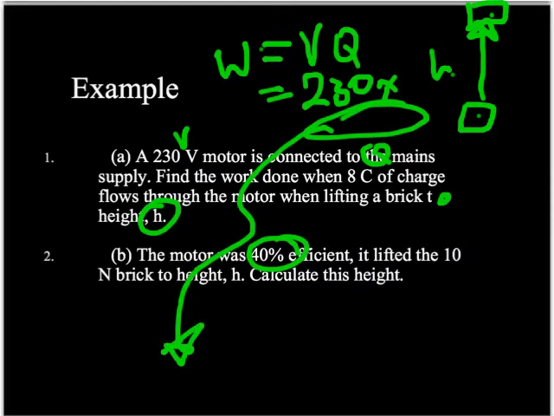That assumed that height h in the first one was for 100% efficiency. But in fact, it is not 100% efficient, it's only 40% efficient. So 40% of that work done will be able to raise that thing up to that height h. So that's a bit of a clue for that question.